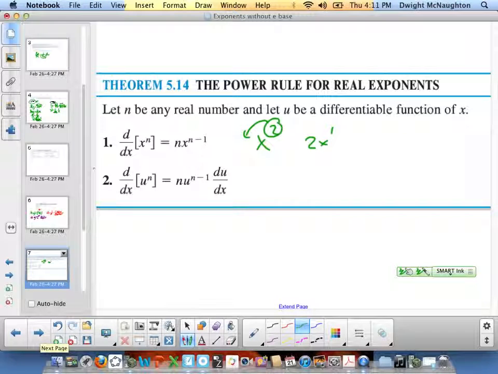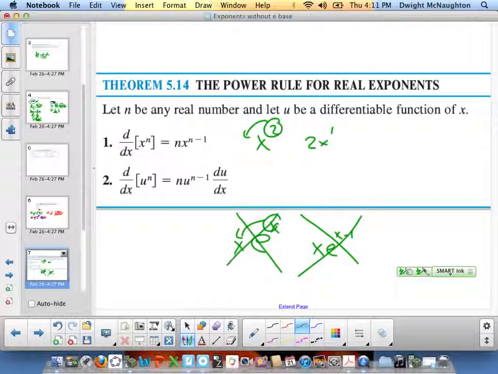A lot of people will try to apply that to exponents because it's just something you've seen so much. You multiply the x out and power down. You get x e to the x minus 1. That's not the case because our power is variable. It's not a constant power in the original question.